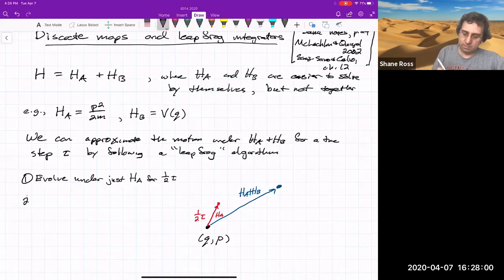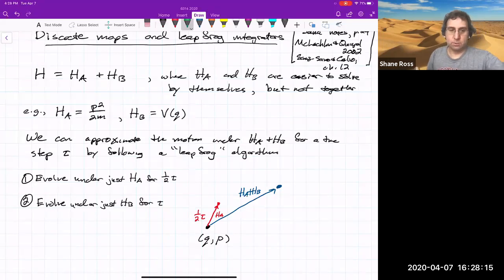Then you evolve under just HB for a full time step. I will just draw that as going in some other direction. Maybe it takes us here. So this is for a full time step under HB only.